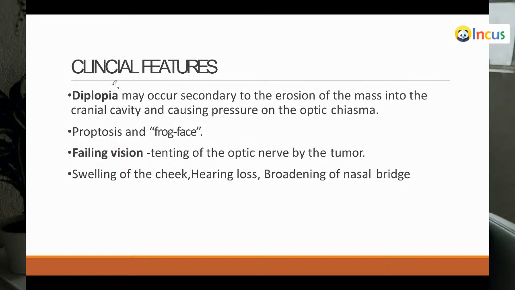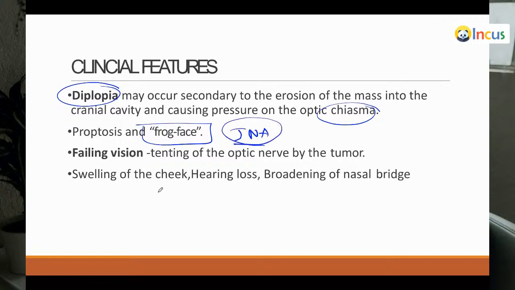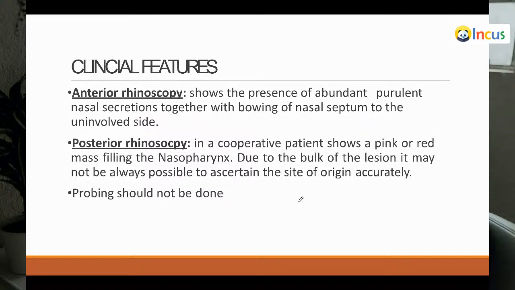There can be development of diplopia because of pressure on the optic chiasma, and proptosis and a frog-like face with juvenile nasopharyngeal angiofibroma. The optic nerve can be compressed, leading to failing vision. There's a swelling of the cheek, hearing loss, and broadening of the nasal bridge.